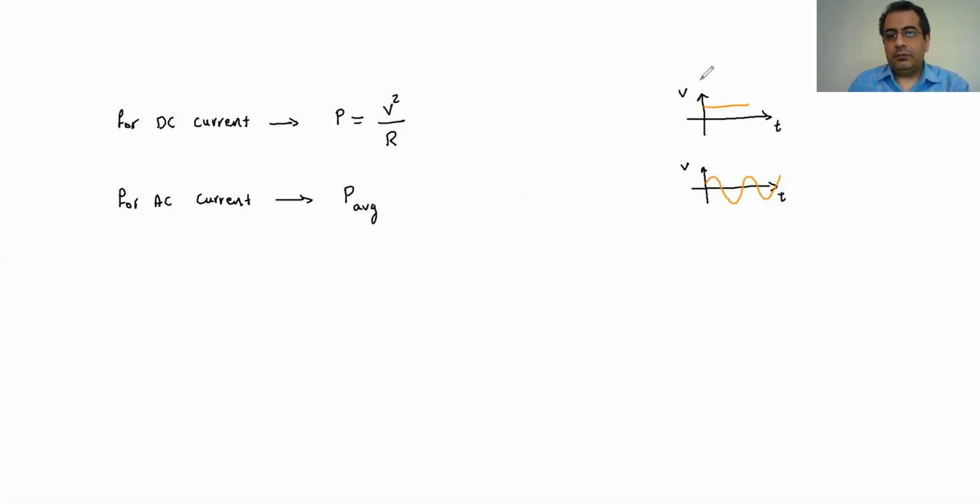So what V are we going to use when we want to calculate P? This is the DC and this is the AC.